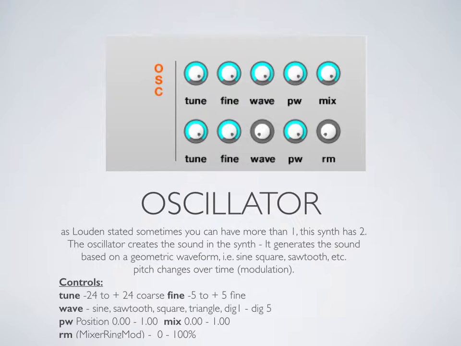I'm not exactly sure. PW is pulse width from 0 to 1, mix 0 to 1, and RM is ring modulator from 0 to 100. I'm not exactly sure of these settings here because there isn't a manual, but I'm going to go on anyway.